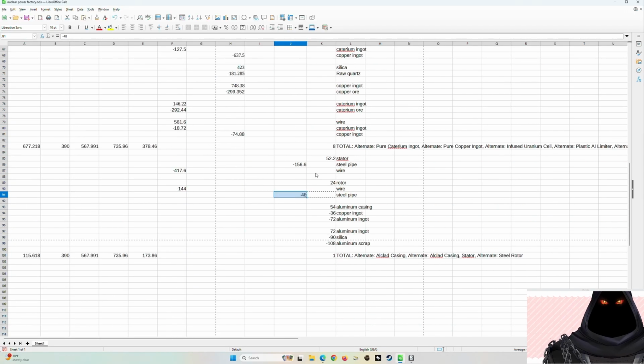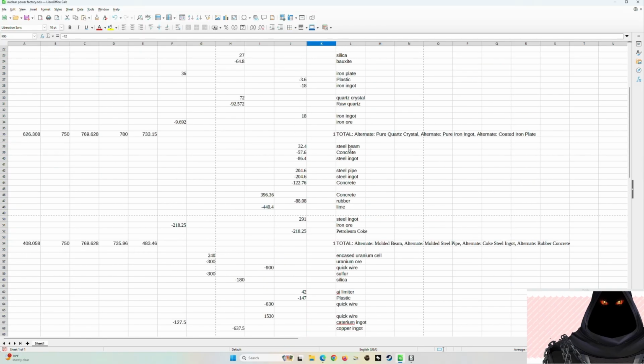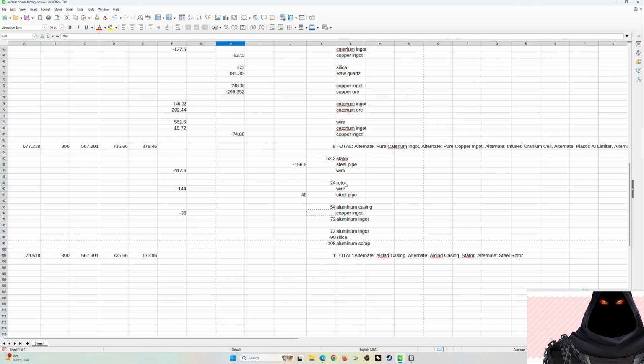Pipe, okay. And copper ingot is here. Sorry, aluminum scrap. Aluminum scrap is H. Okay. And silica is H. Scrap is there. Okay. Okay. For rotor.